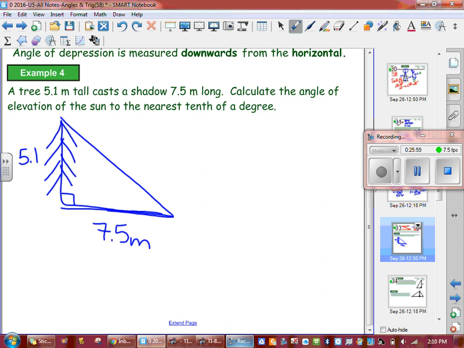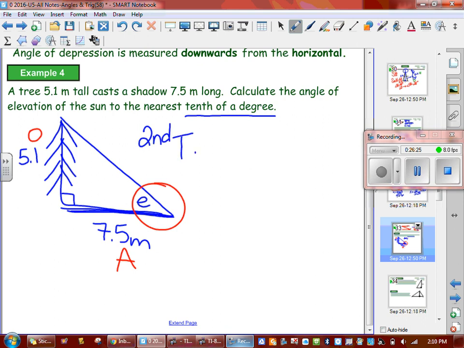So it says calculate the angle of elevation. So this is our angle of elevation. That's what it wants us to know, to the nearest tenth of a degree. So we're going to circle the angle they want. This is our opposite and our adjacent. We are going to use tan. So since we need to find the angle, I always write to myself a little note: second tan, so I remember to hit the second button.